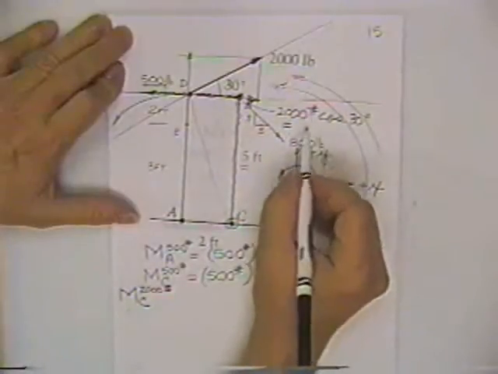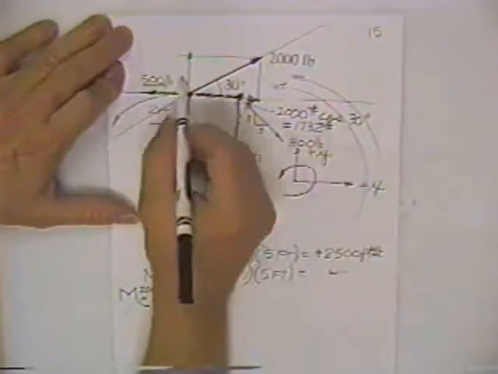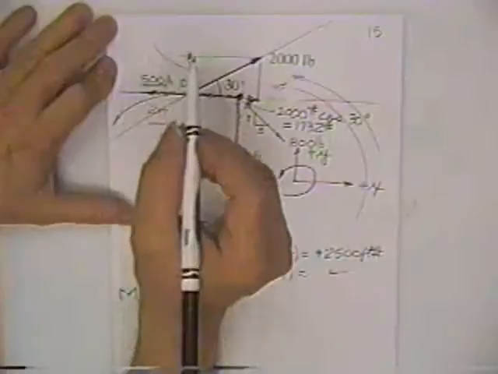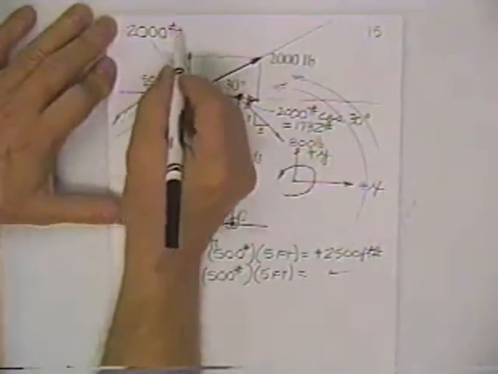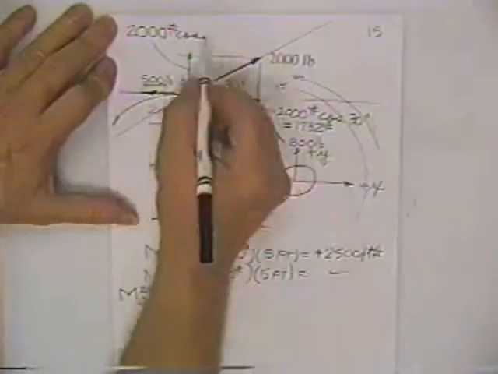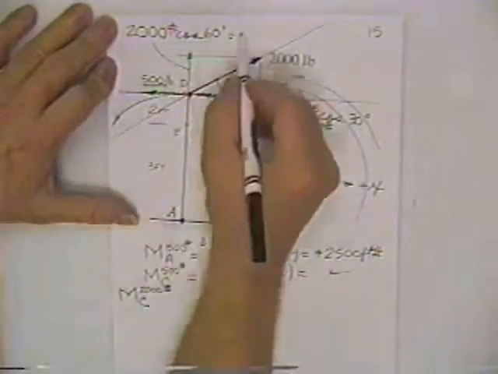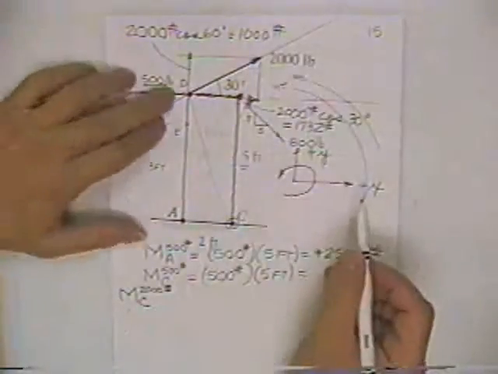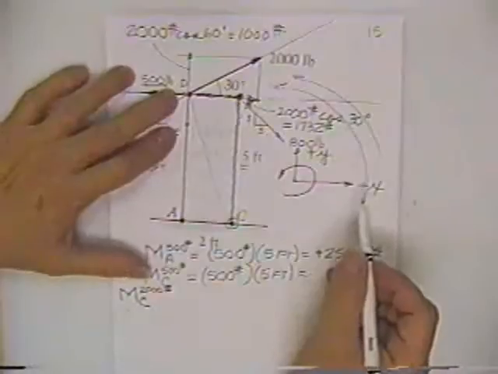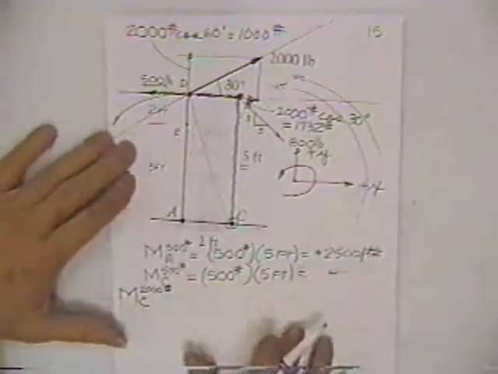How much is that? 1732. And this vertical force is 2,000 pounds times the cosine of 60 degrees. 1,000 pounds.